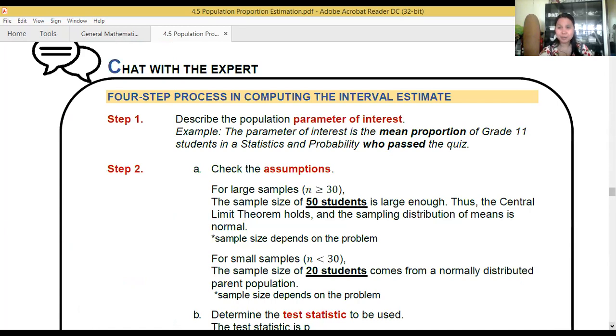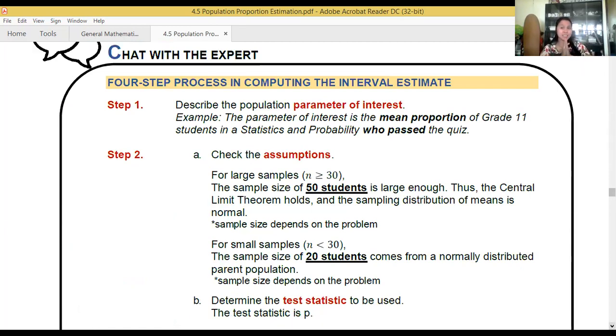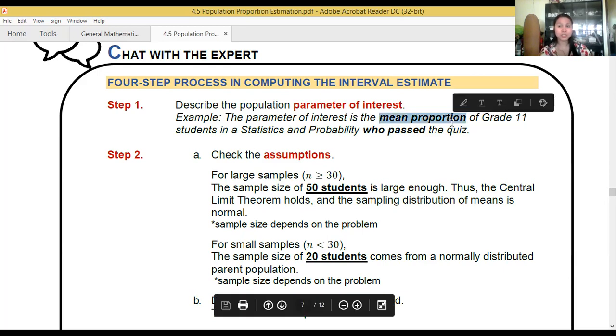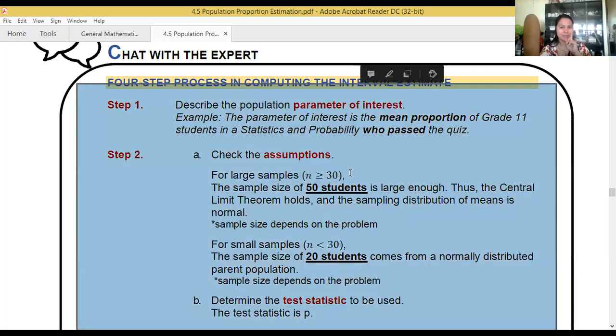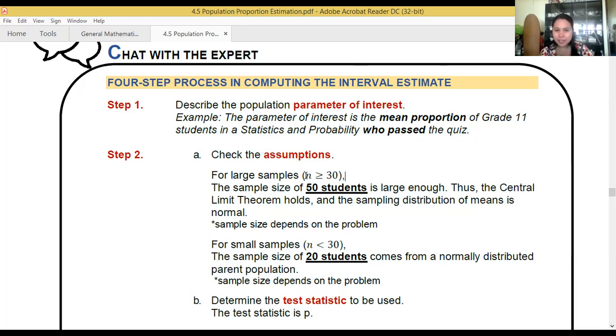Let's go to the second problem. How is this different, or how is this the same with our previous topic? The same, 4 steps. Step number 1 is the parameter of interest. What is the topic all about? Remember that if in the previous topic you only have the mean, in this topic it's about the mean proportion. Next, check the assumptions. Oops, I made an error here. You will not use this one.